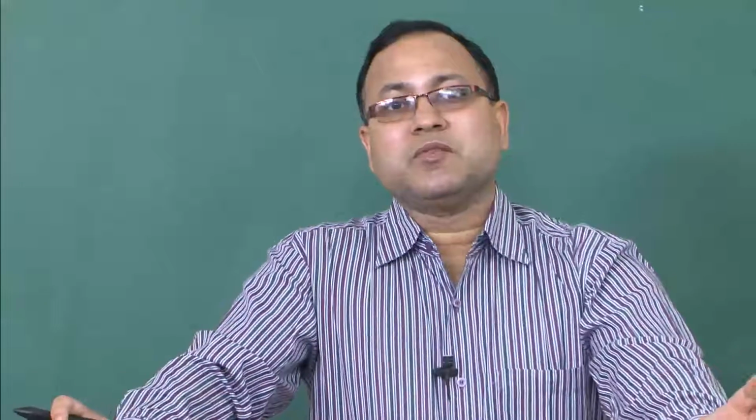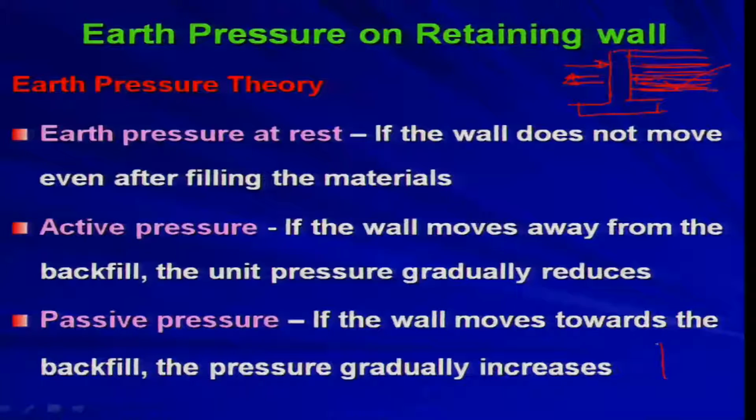Now, what kind of situation will cause this kind of passive pressure? Suppose you have the retaining wall, and on the other side you have the soil, that is your backfill. Now, this retaining wall is retaining some water. Say, for example, this is a waterfront structure.